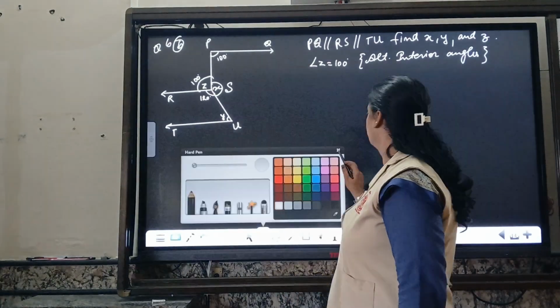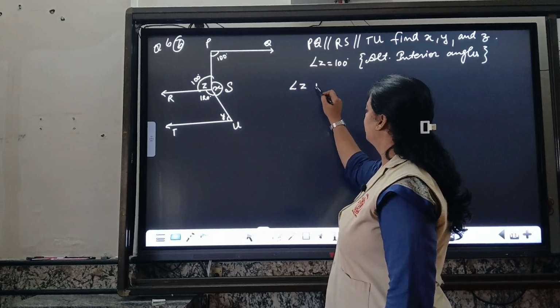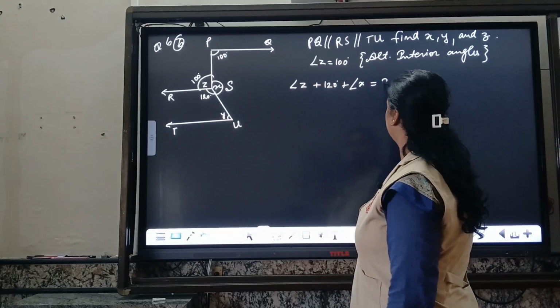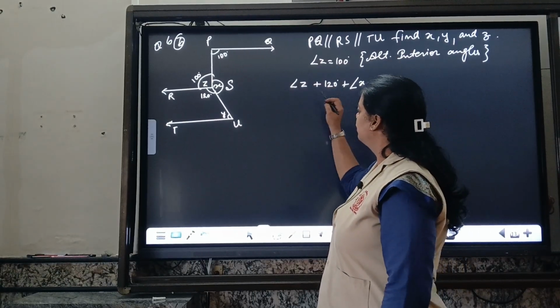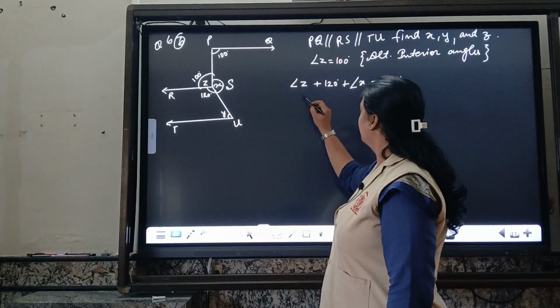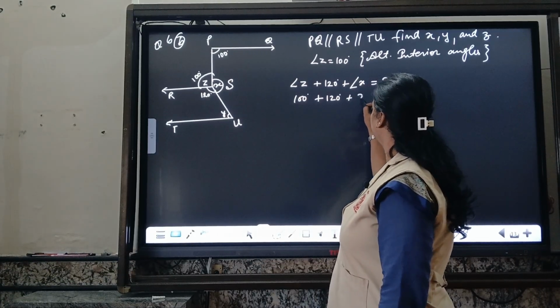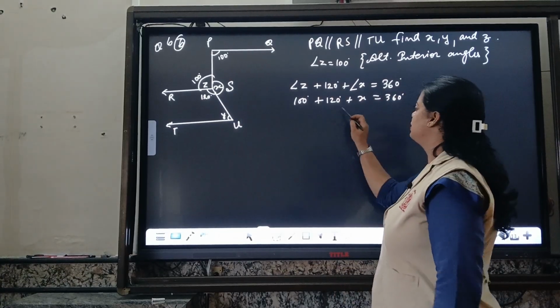So we can write angle Z plus 120 plus angle X is equal to 360 degrees. So what is the sum of these two angles? It is 220.